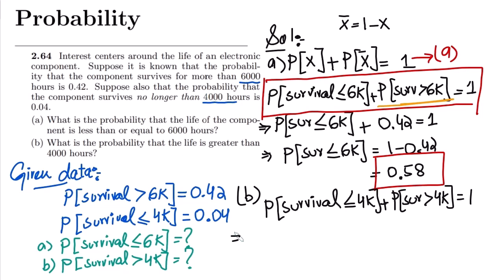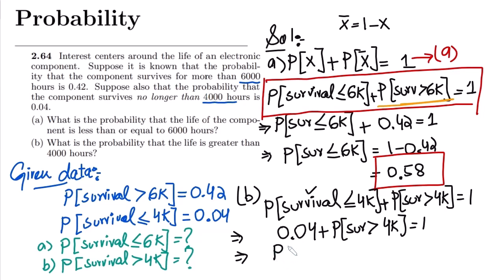Putting in the value from the given data, I get 0.04 plus the probability of survival greater than 4k equals 1. Subtracting 0.04 from both sides, the probability of survival greater than 4k is 1 minus 0.04, which is 0.96.